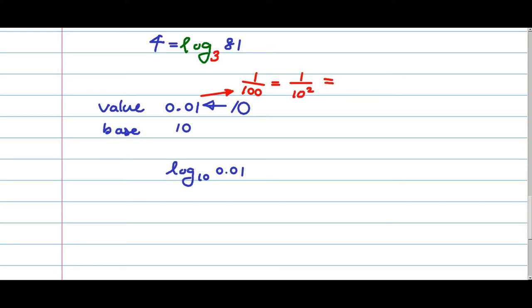That is equal to 10 to the power minus 2. This plus will become minus when it goes up. So when the base is 10, the answer will be minus 2. So the answer will be minus 2 when the value is 0.01 and the base is 10.